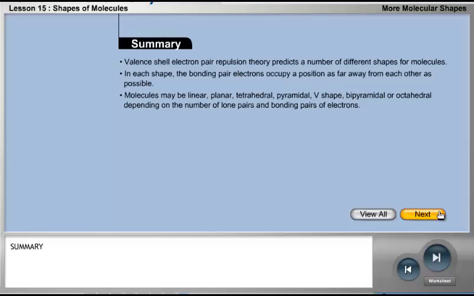Molecules may be linear, planar, tetrahedral, pyramidal, V-shaped, bipyramidal, or octahedral, depending on the number of lone pairs and bonding pairs of electrons. Different molecular shapes have different bond angles.